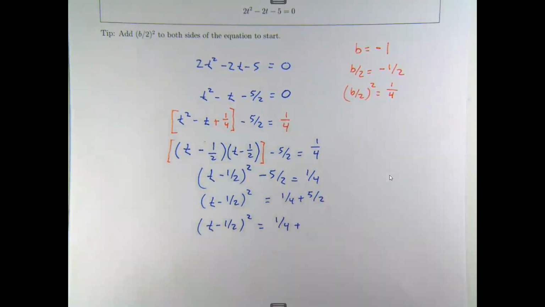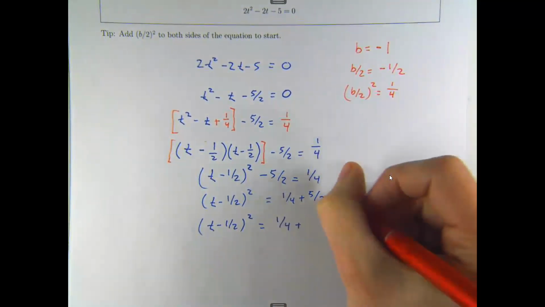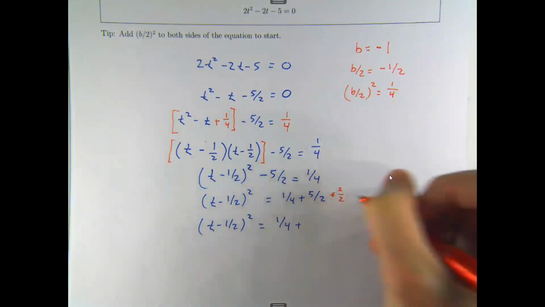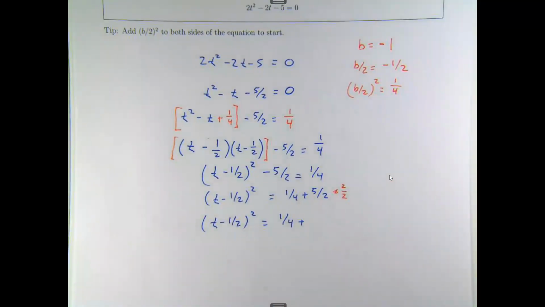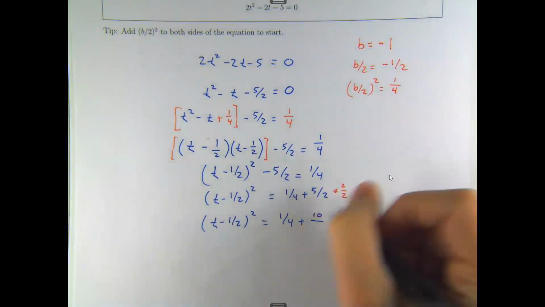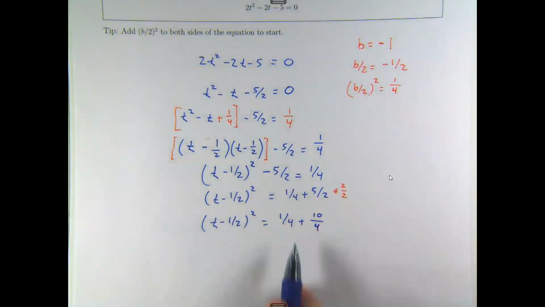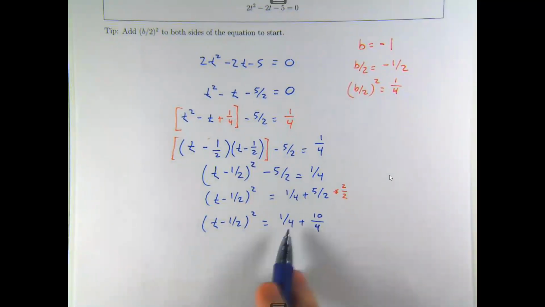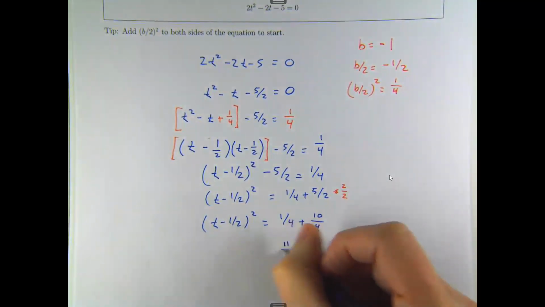Multiply the top of this fraction by 2 and the bottom by 2. 5 times 2 is going to give me 10. 2 times 2 on the bottom is going to give me 4. And I need a common denominator so I can add these together. This is going to give me 11 over 4.